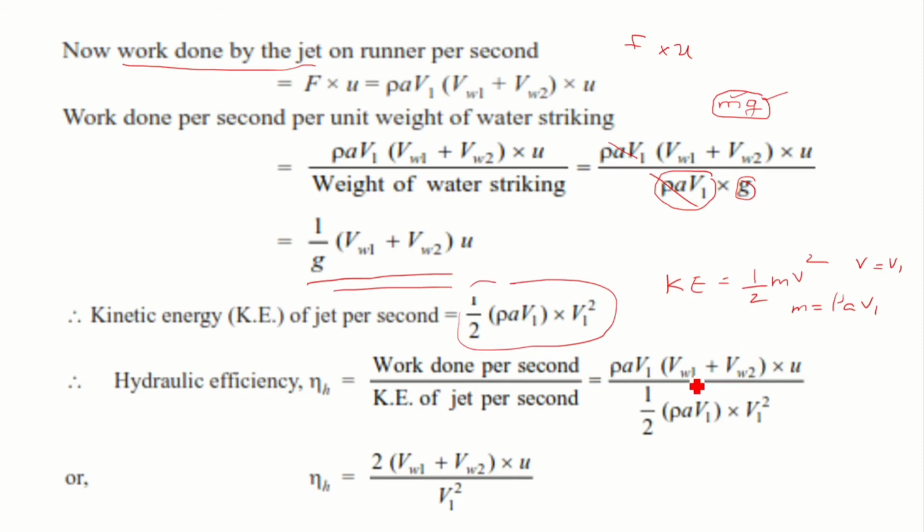So rho a v1 into (Vw1 plus Vw2) into u gives the work done per second, and half into rho a v1 into v1 square gives the kinetic energy per second. Cancelling out the common terms, the final equation becomes 2 into (Vw1 plus Vw2) into u divided by v1 square.